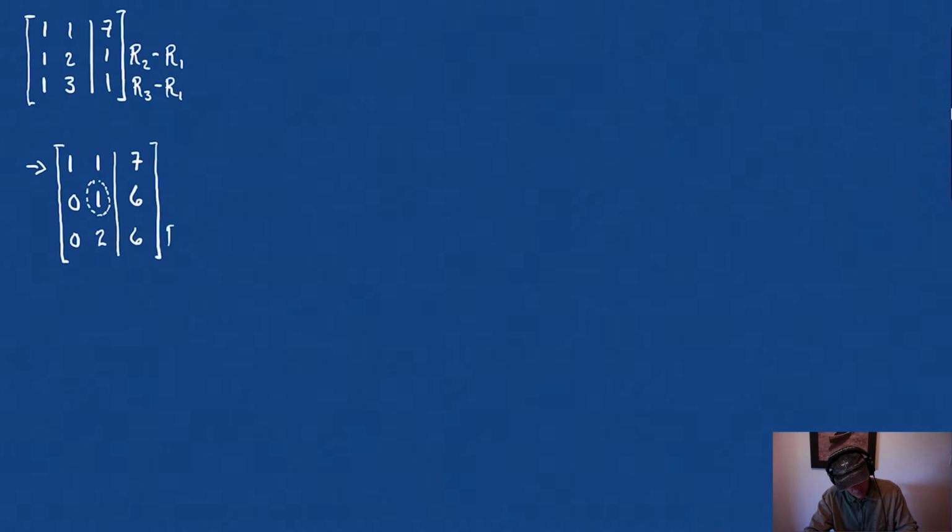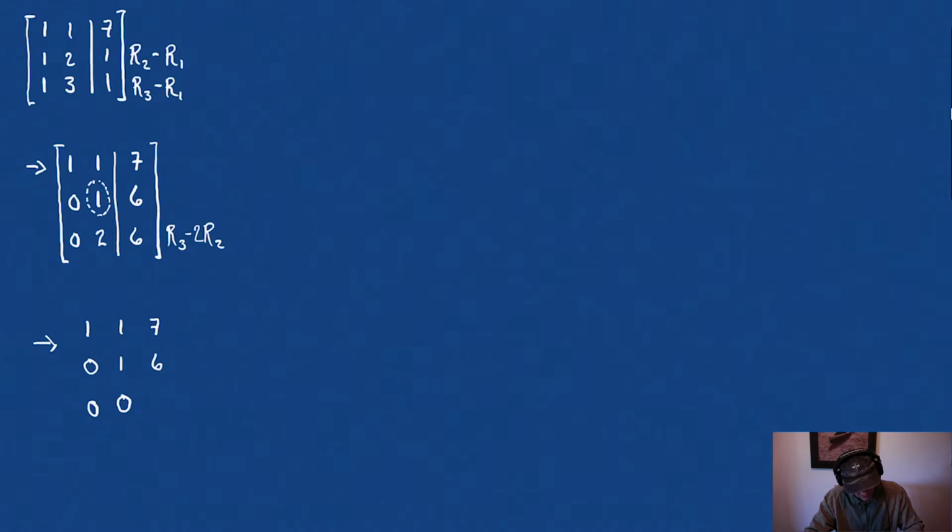So now I have row 3 minus 2 times row 2. Well, that's going to give me the first row unchanged, 1, 1, 7. The second row is unchanged, 0, 1, 6. The third row becomes 0, and then 2 minus 2 is 0, and that was by design.